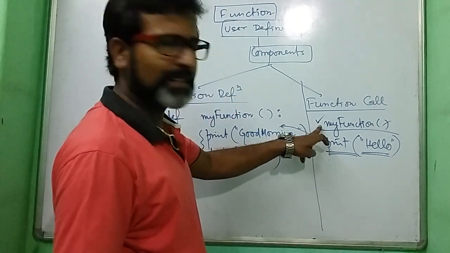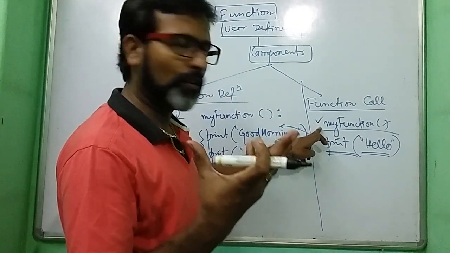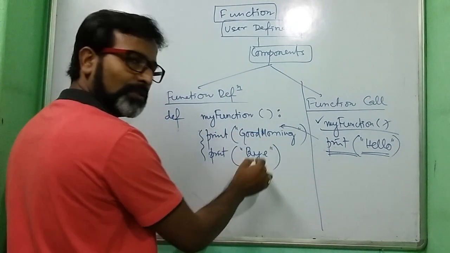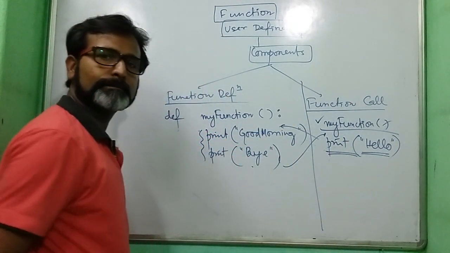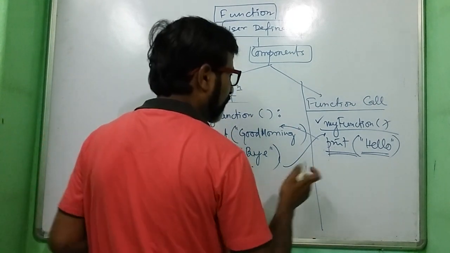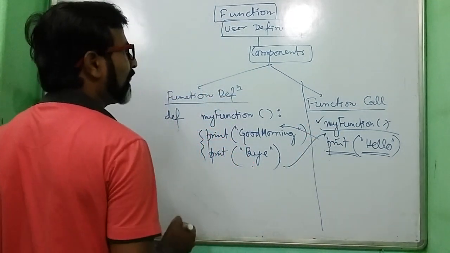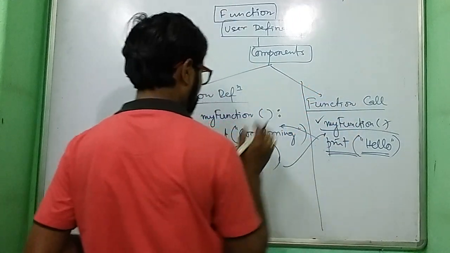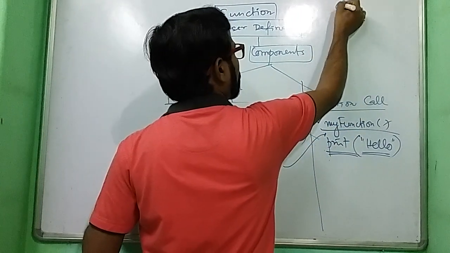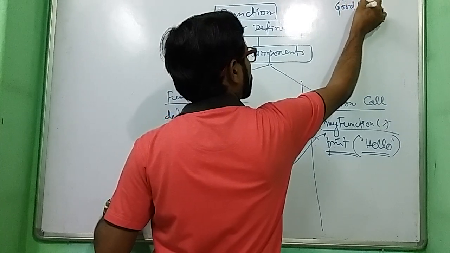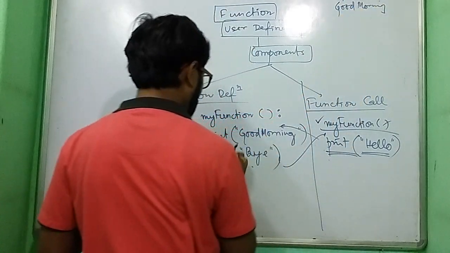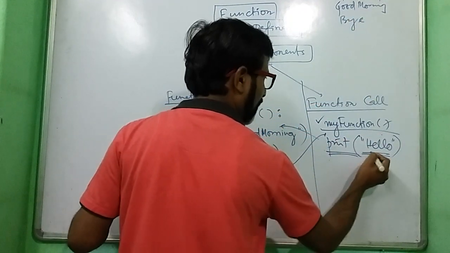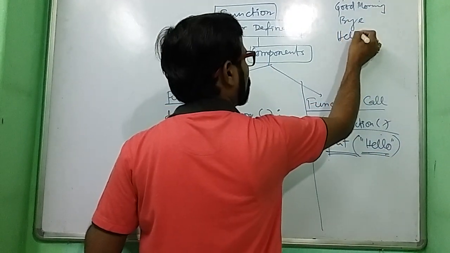But exactly the same way, my function you invoked and the flow of the program jumped over here, executed these two lines and came back. Now if I do this, what will be the output? First it will display good morning, then again bye, then from here it will come back, again it will display hello.